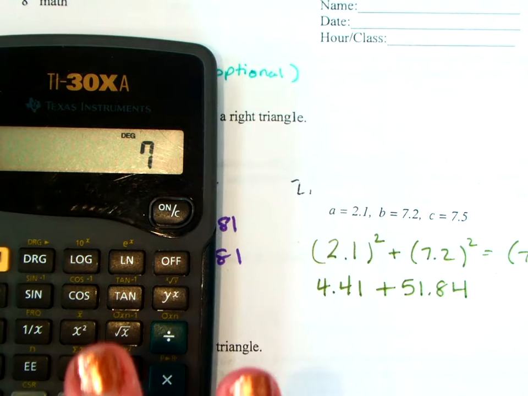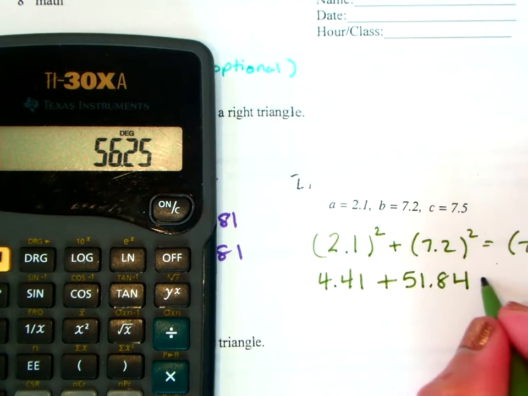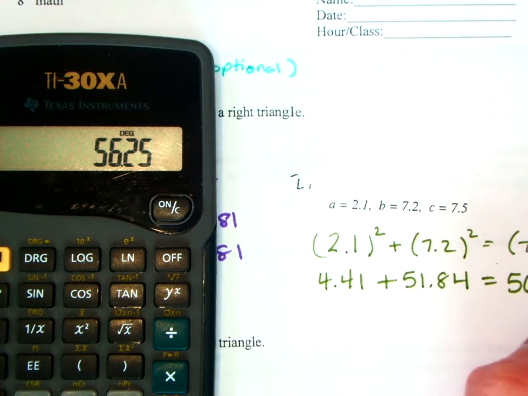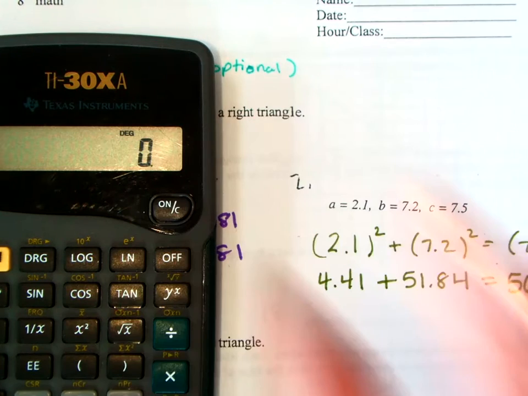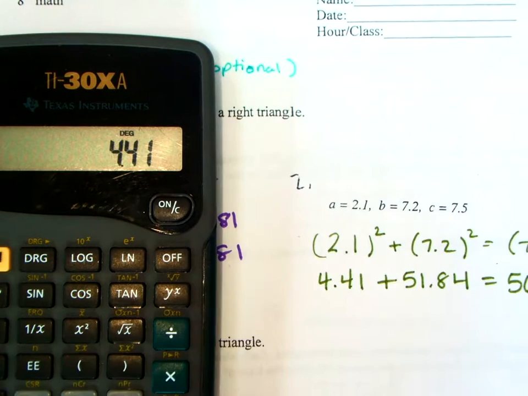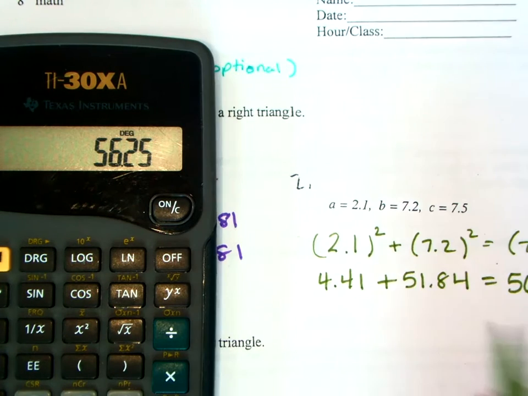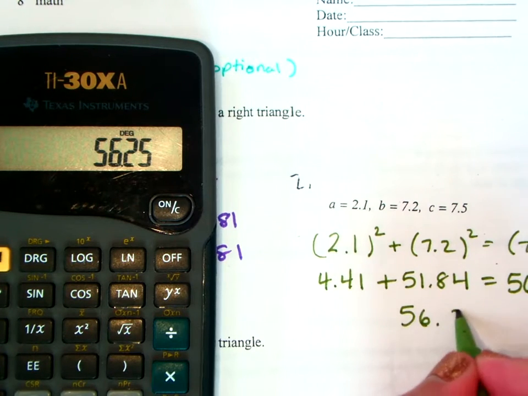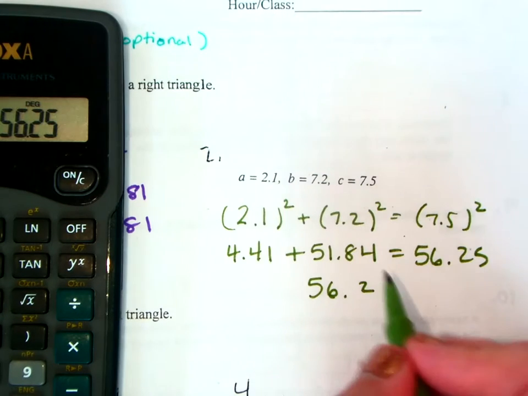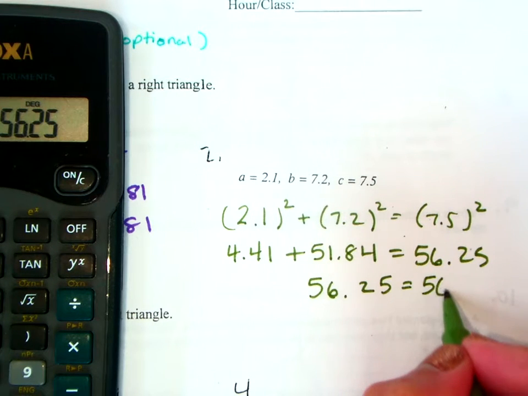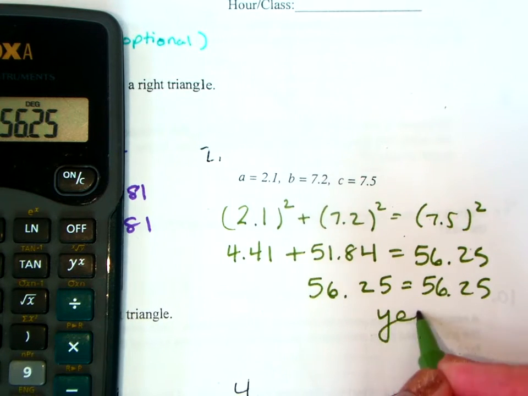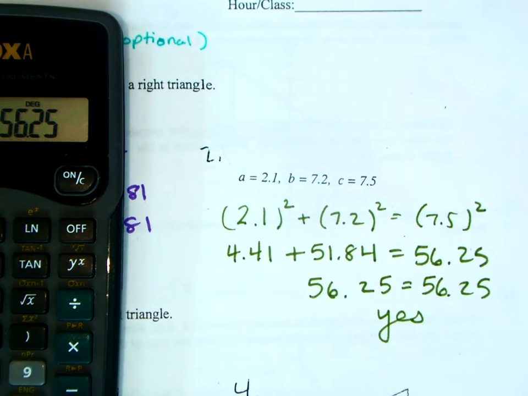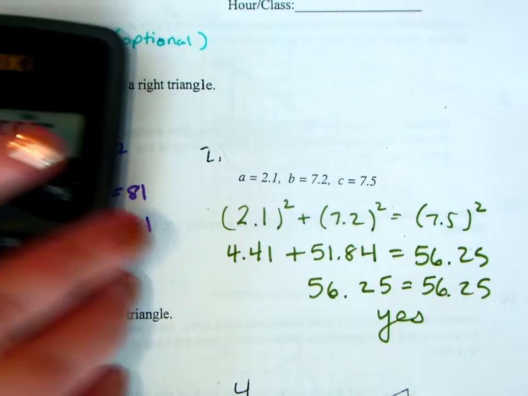And 7.5 squared is 56.25. And now we're just going to see if 4.41 and 51.84 adds to 56.25. And since it does, whoops, sorry about that. Since those are equal, this is a right triangle because the Pythagorean theorem works. That would make it a right triangle automatically.